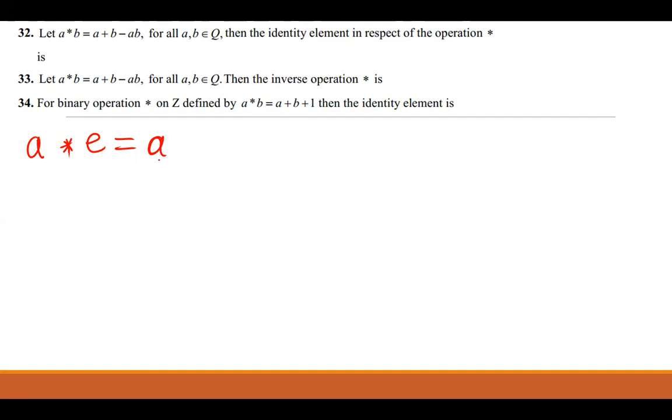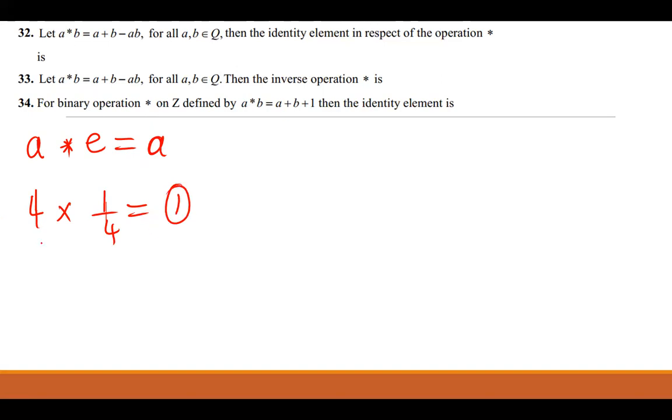This can also tell you one thing: any element that does not have an identity element does not have an inverse. What do I mean? For instance, if you remember very well, I said if you multiply 4 times its multiplicative inverse, the answer is the identity element.